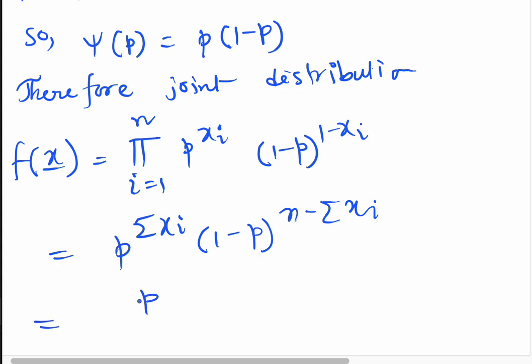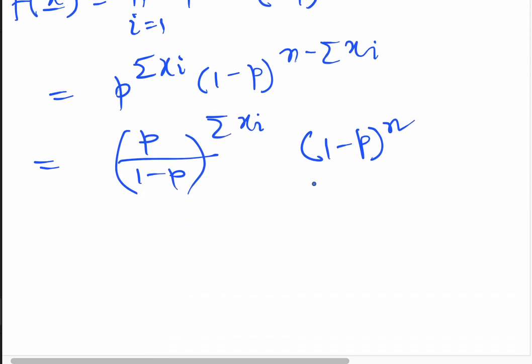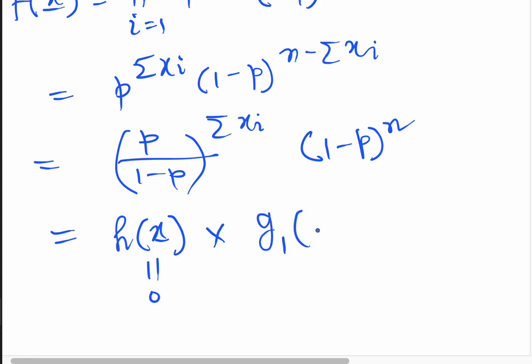So you can write it as (p by 1 minus p) to the power summation of xi, (1 minus p) to the power n. Now here you can take h(x) which is equal to 1, into this function g1(p, summation of xi).